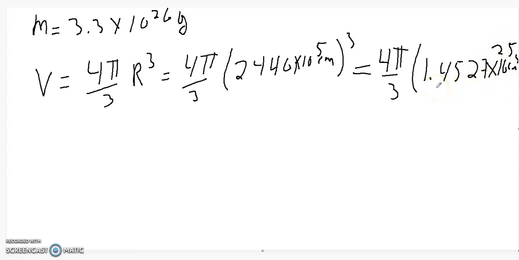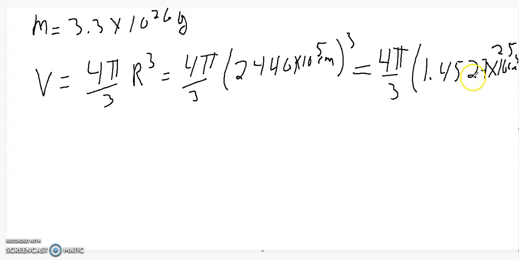You still have to multiply by 4 times pi divided by 3, and cubing this number here gives you 1.4527, it keeps going after that, but times 10 to the 25th. And notice you cubed the centimeters, so it will now be centimeters to the third power.